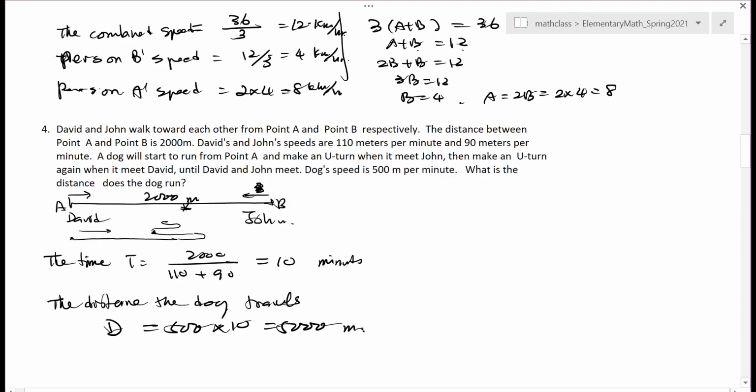That's it. You use some other information to calculate the time, and then apply that time to the dog, a different object, because you cannot figure out the time directly.